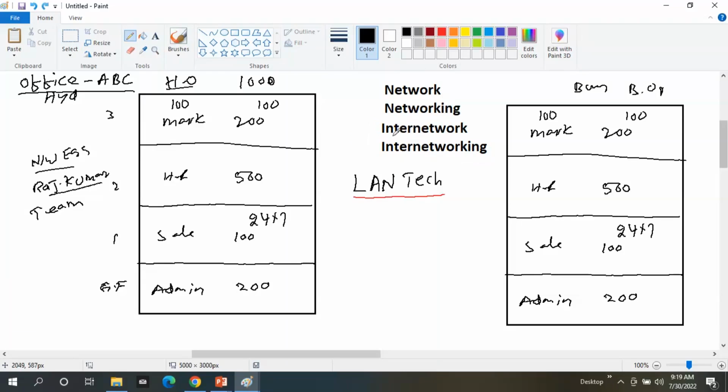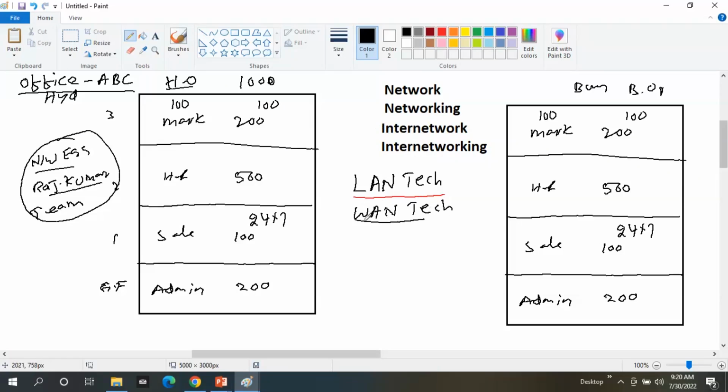Okay, so internetwork means what? Interconnection of two or more networks. If you are in the network team, what knowledge do you need to interconnect two or more networks, to enable communication between them? For inter-network connectivity, you might require knowledge of what? WAN technologies.